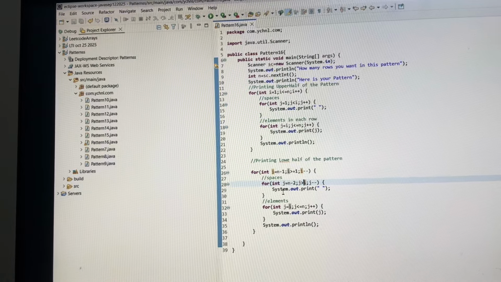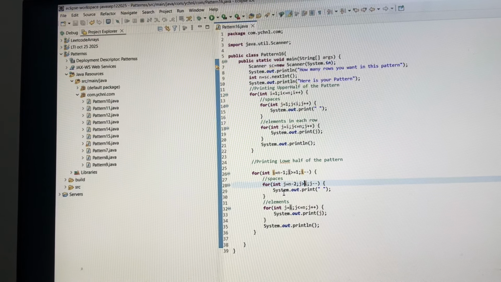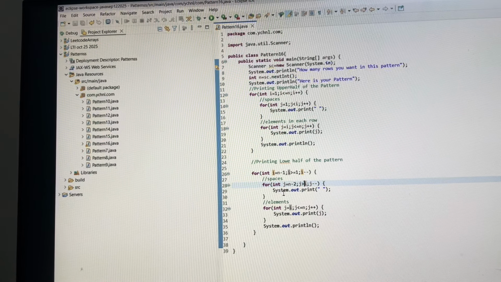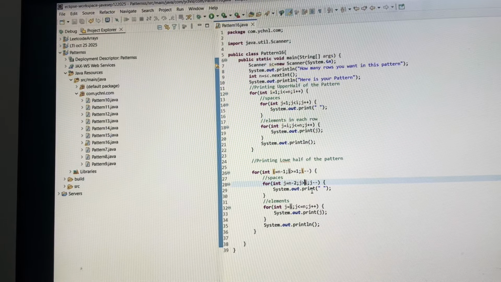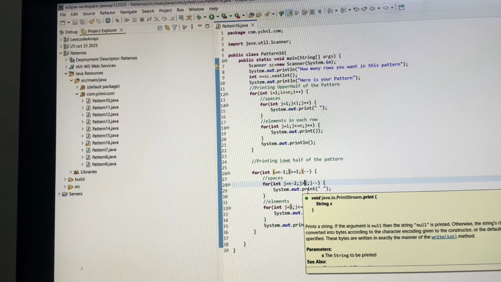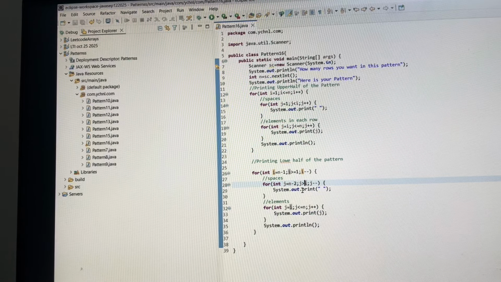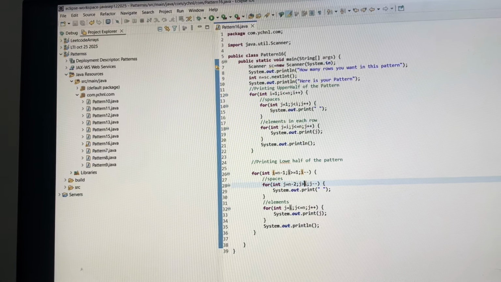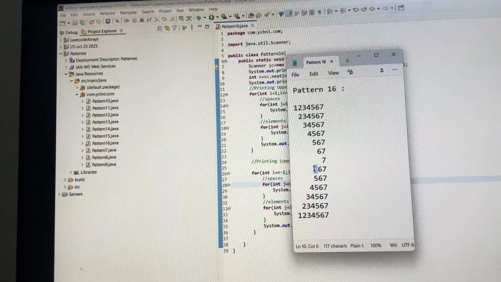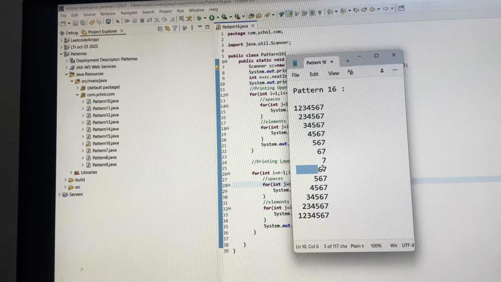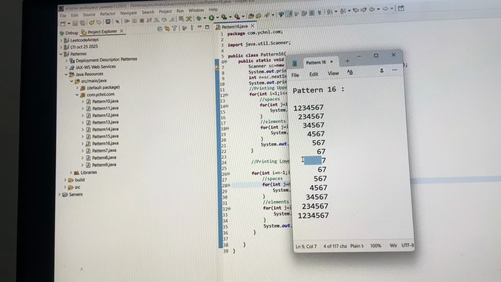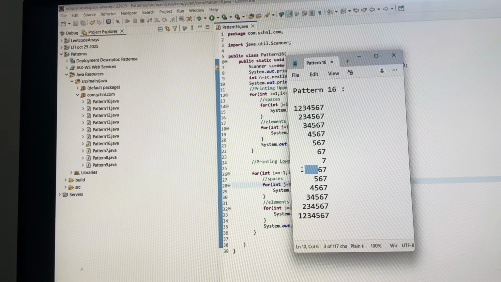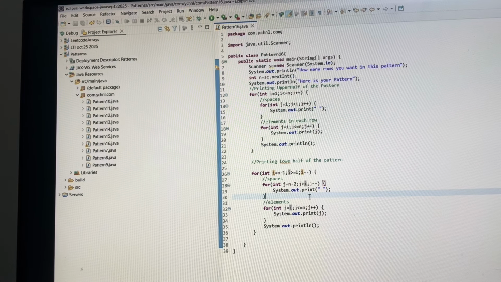Suppose I am writing n minus 2. It should print, for the fifth row, how many spaces should it print? 6 spaces are already covered. 5 spaces should come, right?